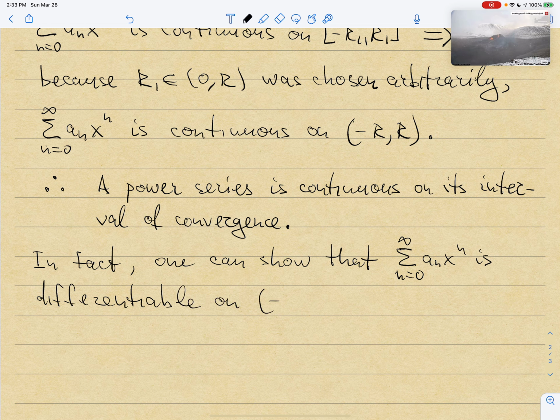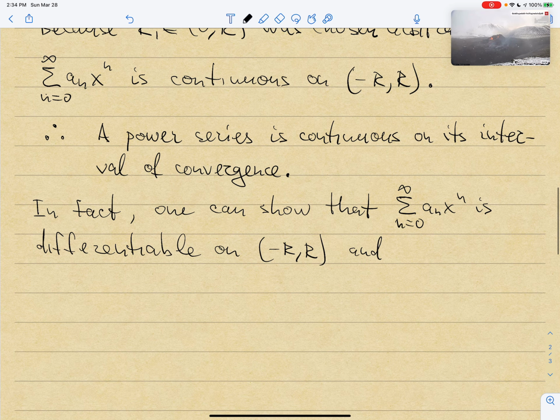On the same interval from minus R to R, and the derivative of a power series can be taken in a way that you would expect.